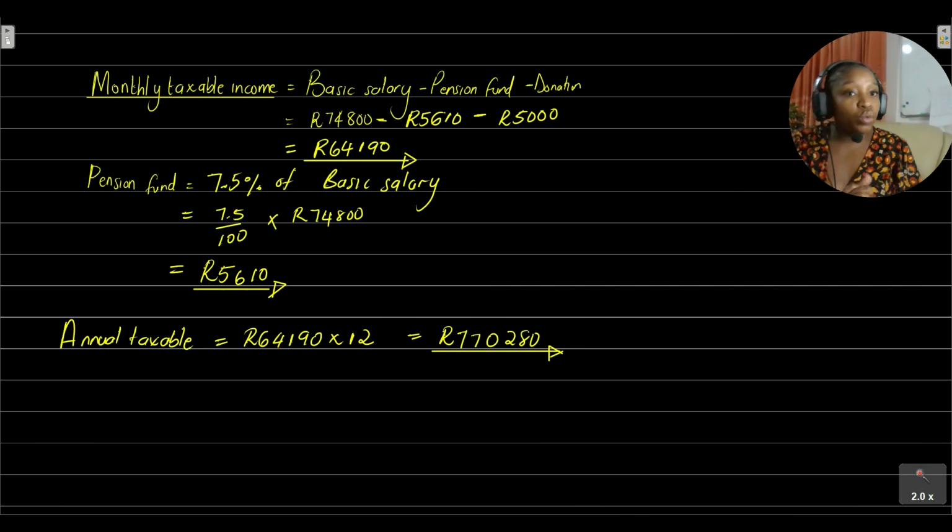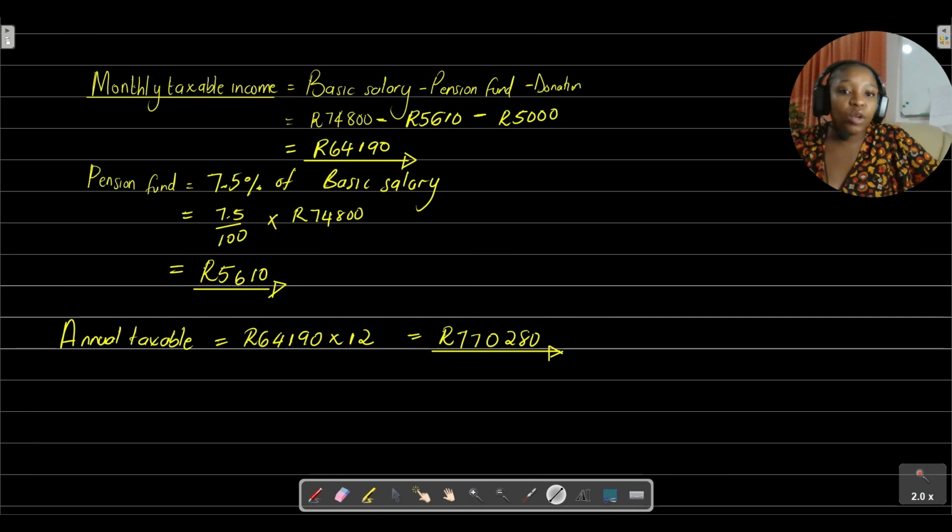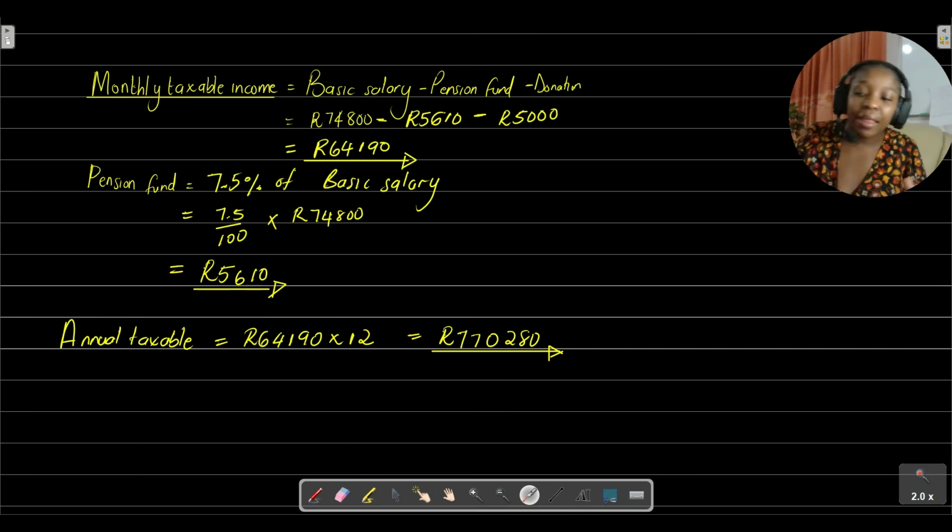Parker needs to pay. Okay, so what is very important in this lesson is understanding that before we can even go into the tax table, given a scenario where a person pays pension and donations, we need to remember that pension contributions as well as donation contributions are non-taxable.